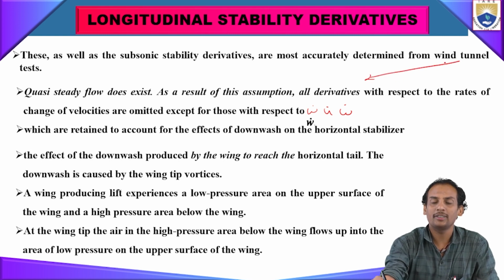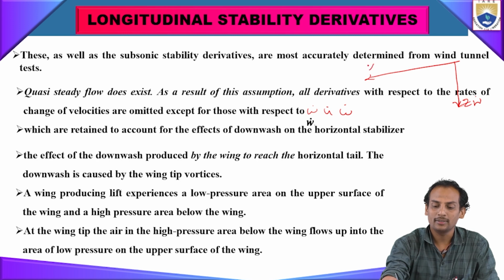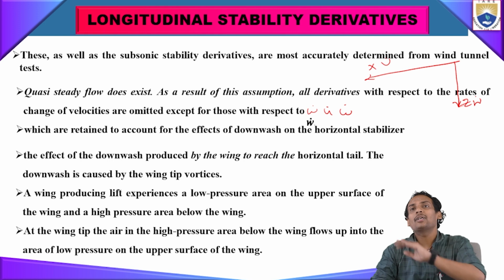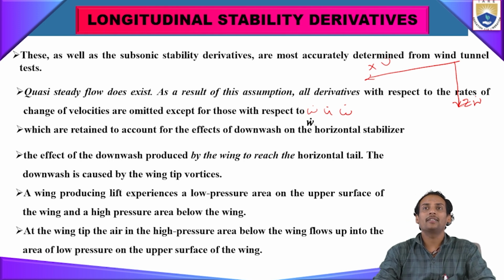The axis notation we already said: in the Z direction it will be W naught, and in the X direction it will be U naught. So due to these changes only we are finding out the stability derivatives.